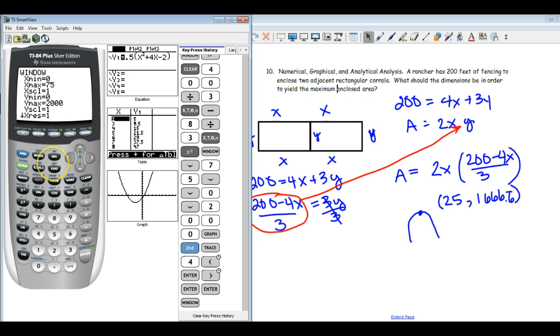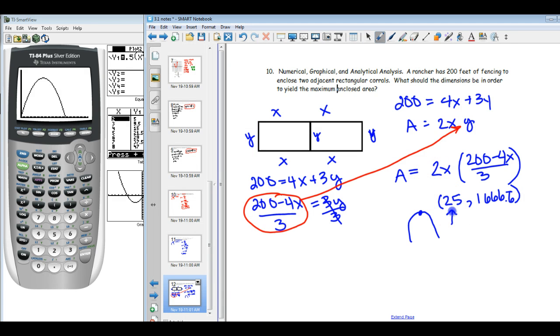The window that I used for the x was 0 to 75, and for the y it was 0 to 2000. Now, this maximum is telling you that the x value that gives you the largest area is 25, and the 1666 is the maximum area.